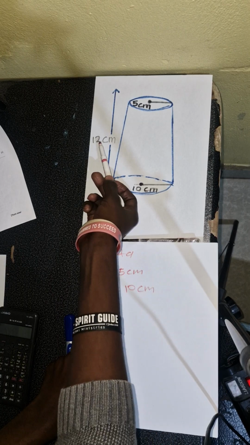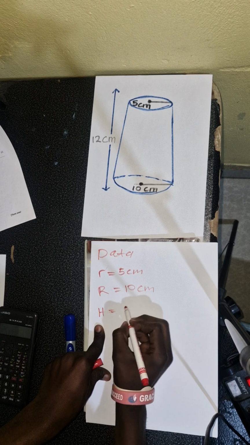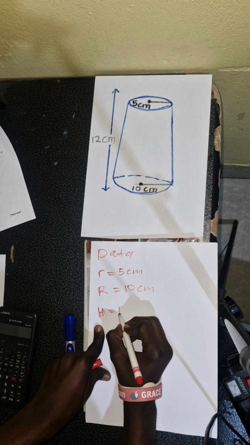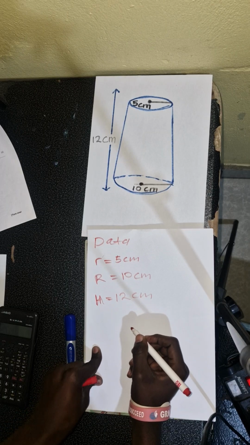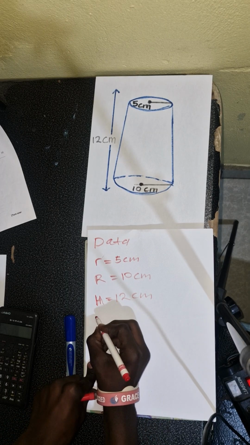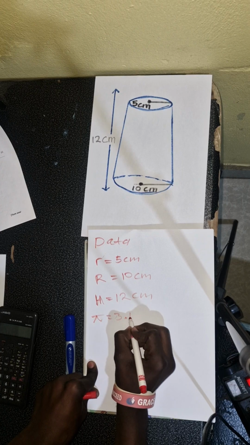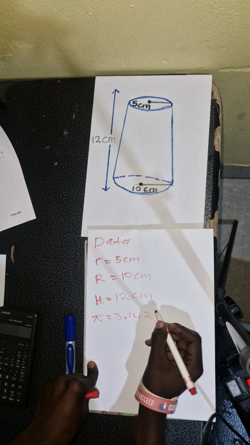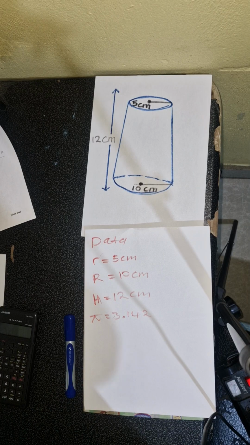We're also being given the height, which is 12 centimeters. And we were told to take pi as 3.142.